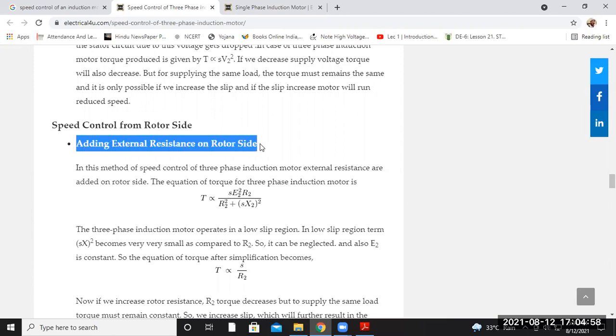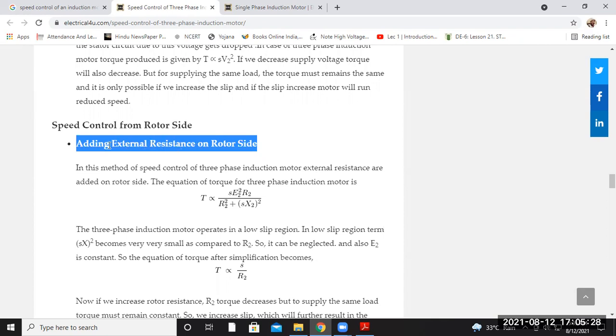In previous classes, we studied the soft starter, in the last class. In that case also, we included a rheostat or external resistance in the rotor part of the induction machine, through which we controlled the starting of the induction machine. In the same manner, you can control the speed of the induction machine by including resistance on the rotor side.